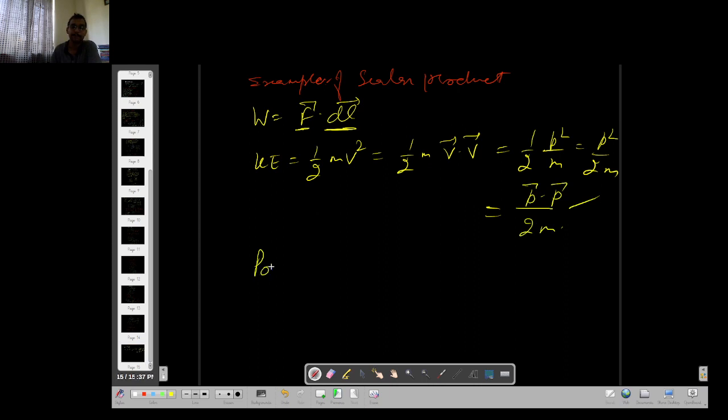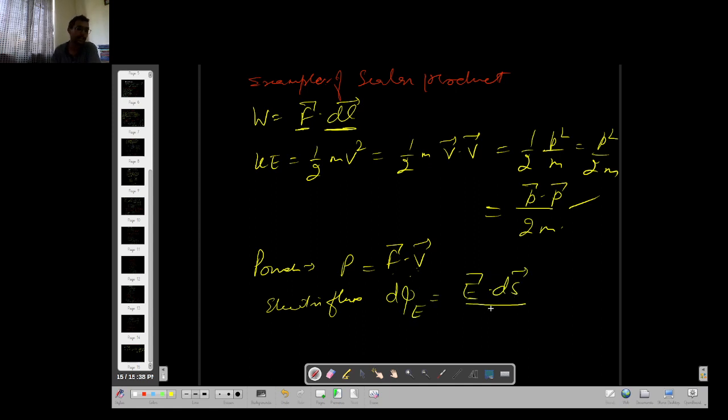Similarly, power is defined as P is equal to F dot v, where v is the velocity and F is the force. So power is also a scalar product in turn. And electric flux d phi E is basically E dot ds.